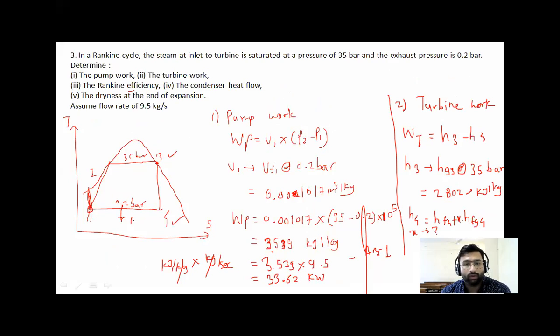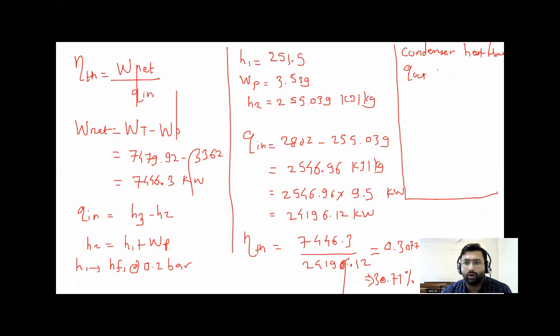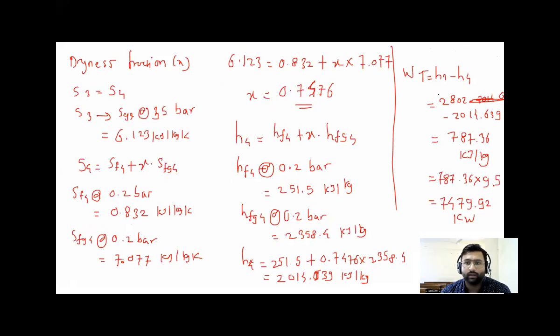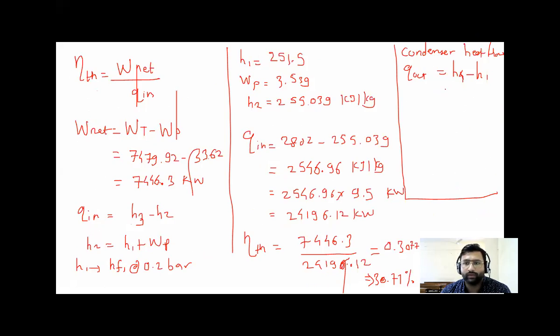Q out is H4 minus H1, that is enthalpy at inlet of condenser minus enthalpy at outlet of condenser. H4 we have calculated: 2014.639. H1 is 251.5.